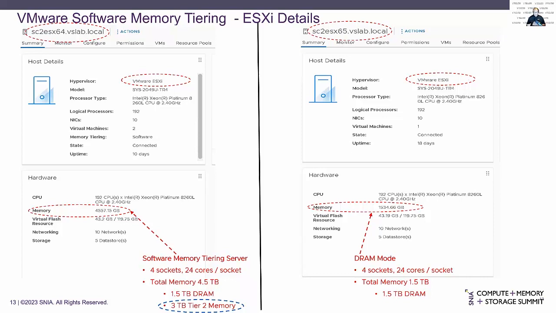We did that because we wanted to show that we are able to achieve more capacity, achieve TCO, and provide DRAM-like performance when we encompass those disparate memory technologies under one common blanket, which is the software memory tiering architecture.